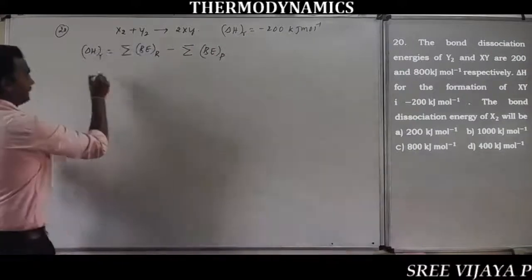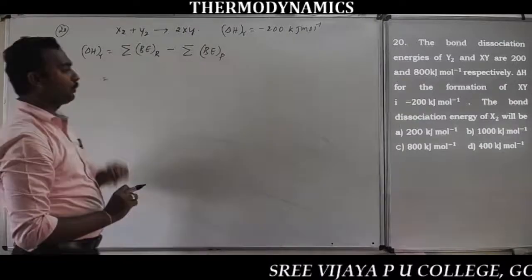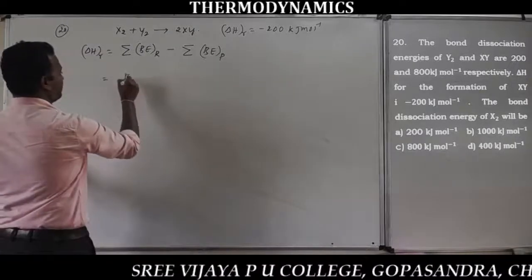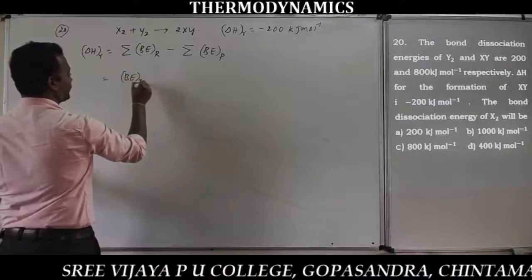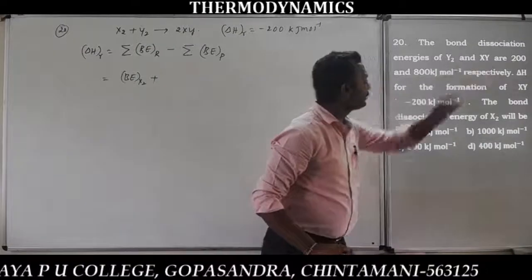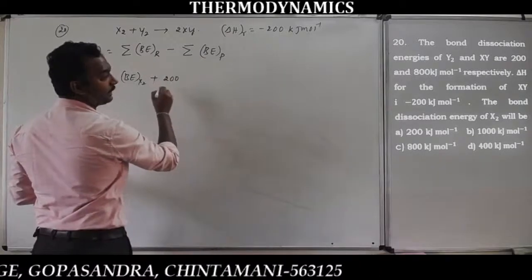products. That is equal to bond enthalpy of reactants ಅಂತ ಯಾವ್ದು ಬರುತ್ತೆ, X2 ಮತ್ತೆ Y2 ಬರುತ್ತೆ. So bond enthalpy of X2 we have to find out, plus ಇನ್ನೊಂದು reactant Y2 ಇದೆ. Bond enthalpy of Y2 is 200 kilojoule per mole.